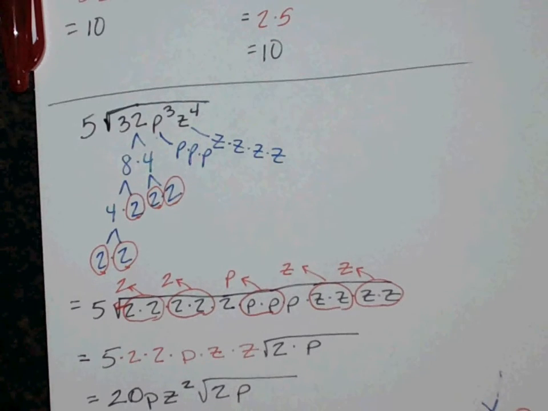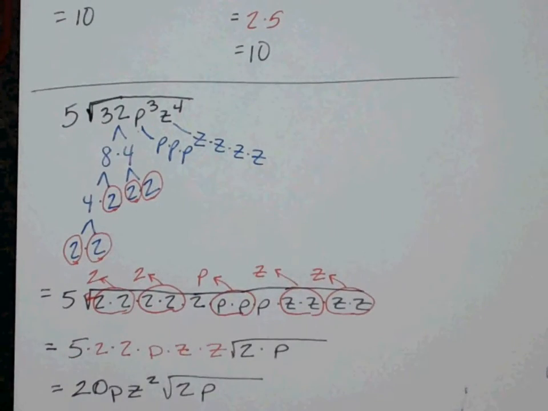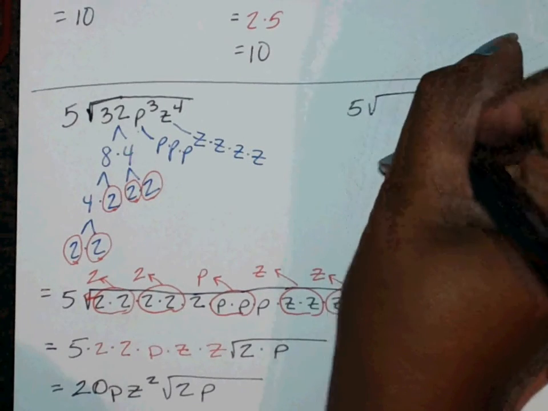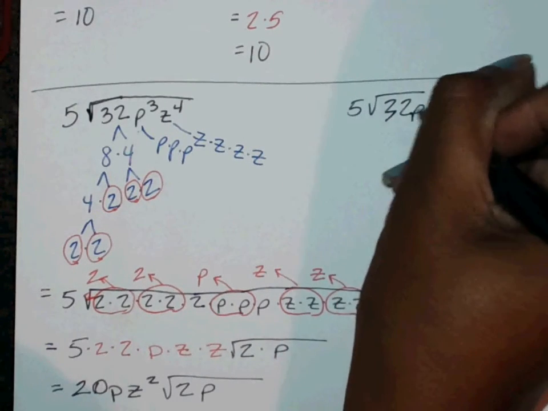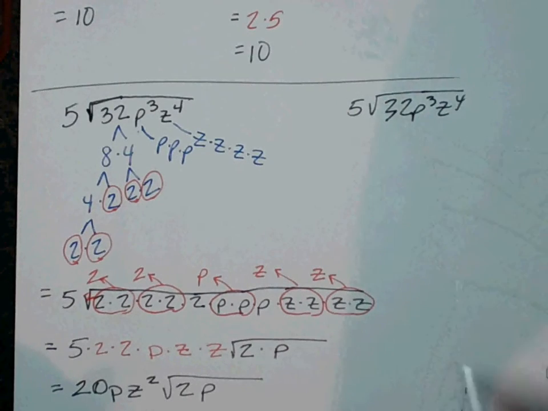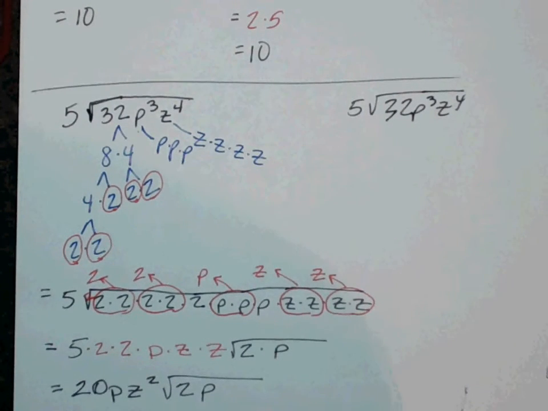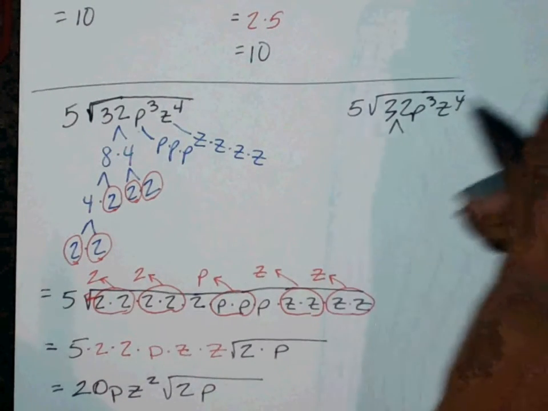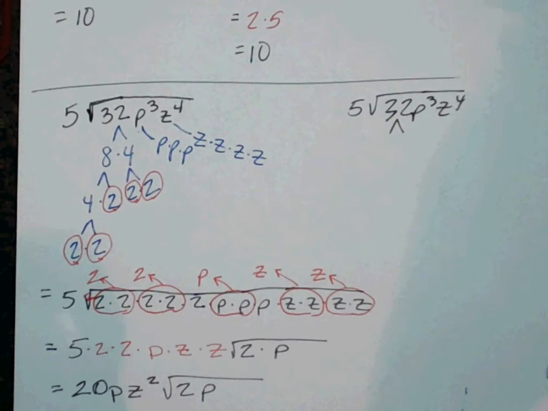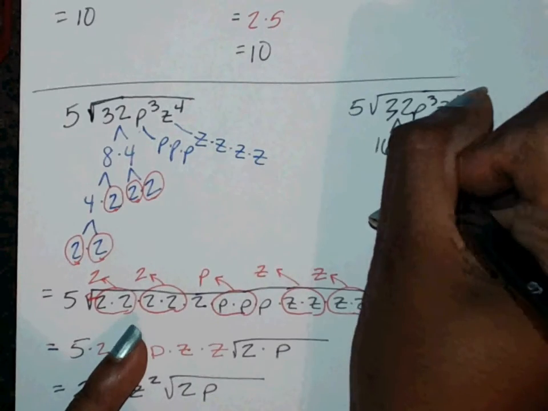How could you do it the shortcut way? Well, you could start off with what you had the first time. Figure out what are perfect factors of 32. Perfect factors of 32 means what two numbers can you multiply, and when you multiply them, one of them is a perfect square root. 16 times 2.